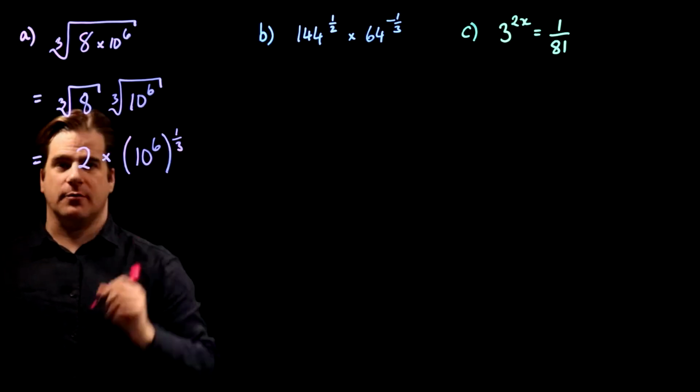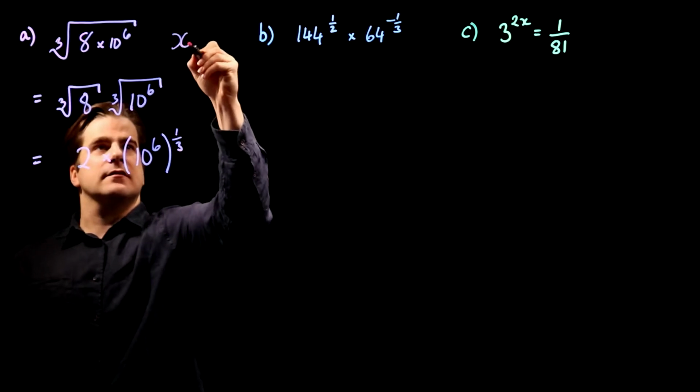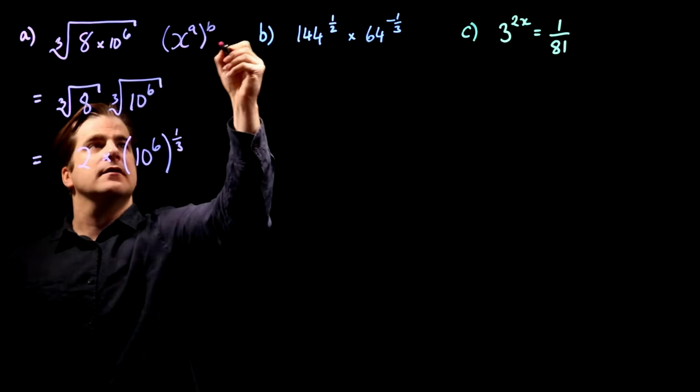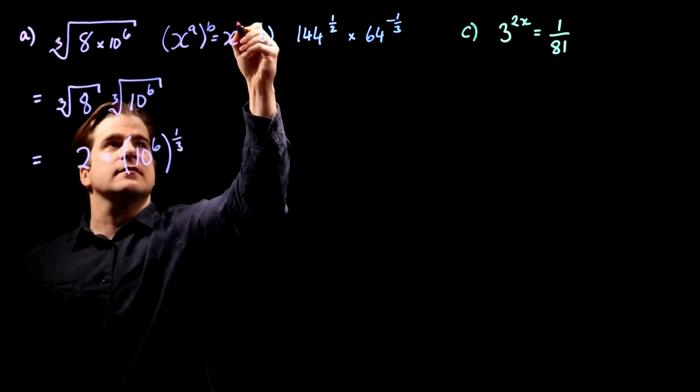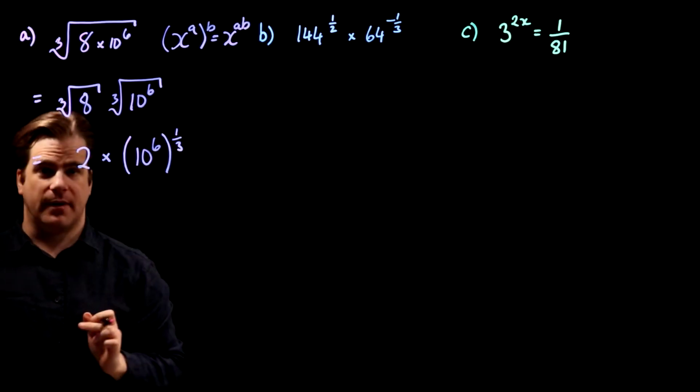And now we're going to use the bracket rule. The bracket rule is x to the a brackets to the power of b equals x to the a times b, okay? The brackets, you multiply the powers.